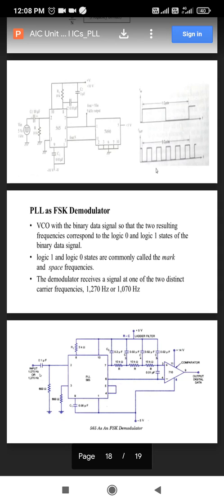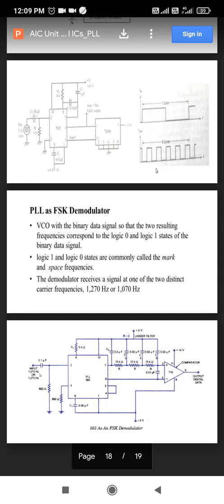Have you heard words like NRZ, RZ signals, bipolar? Message signals are digital and carrier signals are analog. So here the message signal is digital. According to the amplitude, we can consider logic 1 or logic 0. According to that, the frequency of the carrier signal will get shifted or changed. Either it will increase or it will decrease.